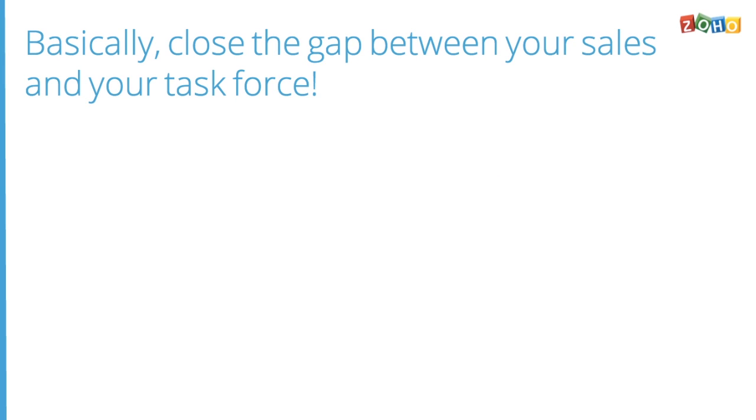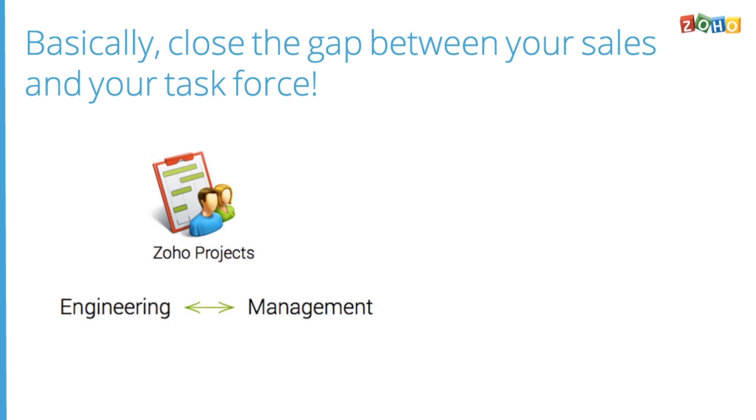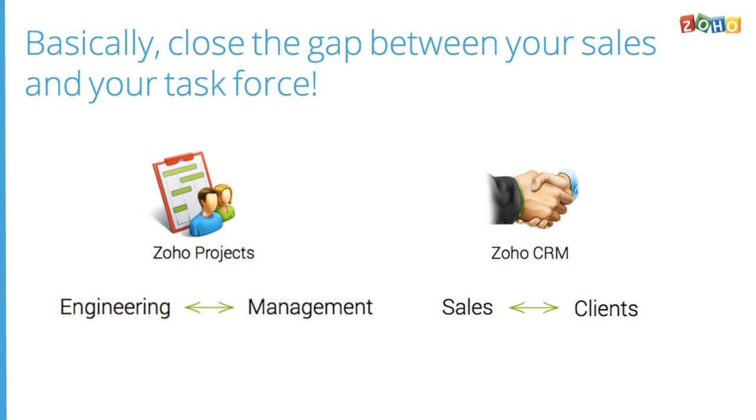So with the integration, Zoho Projects is used by employees who are doing the work to log their progress, and it's used by managers to track what gets done. With Zoho Projects and CRM integration, you're basically closing the gap between your sales team and your task force.